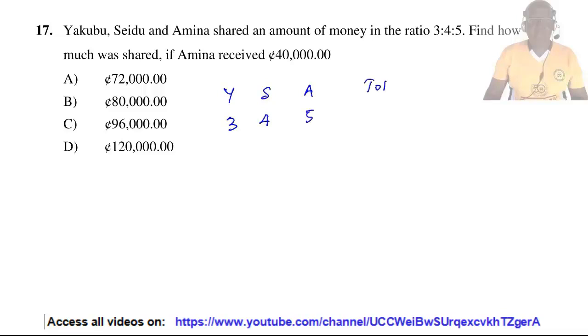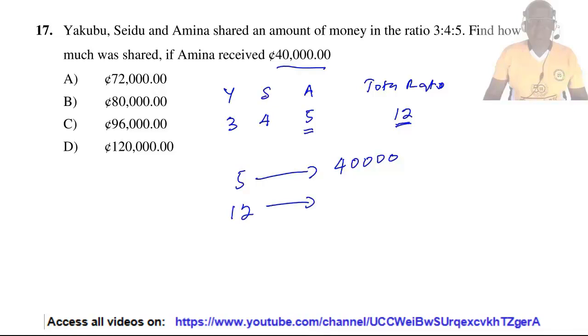The total ratio is therefore 3 plus 4 plus 5 is 12. Amina's ratio is 5, so the 5 will correspond to the 40,000 cedis she received. Now the total amount will correspond to the total ratio, so 12 will give us more.